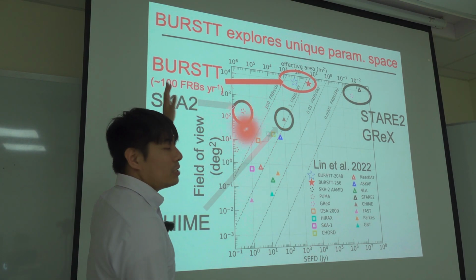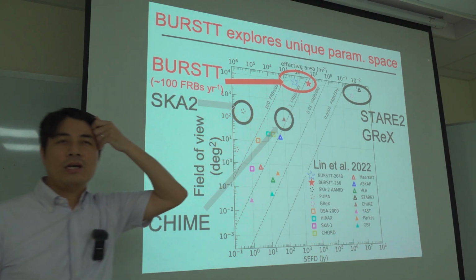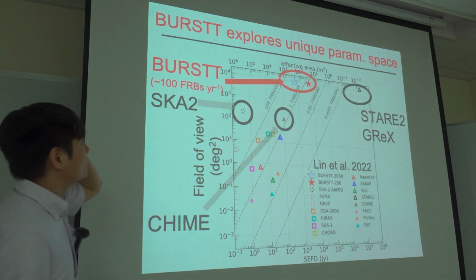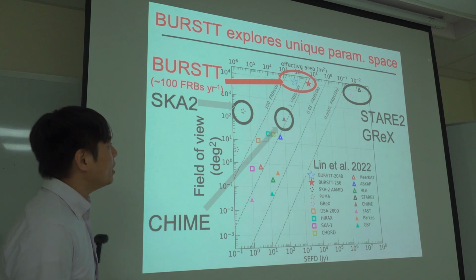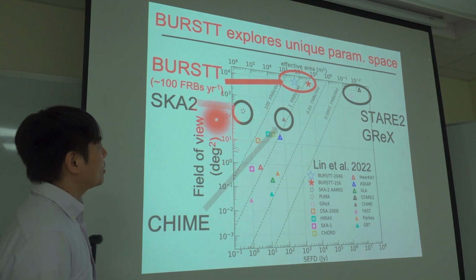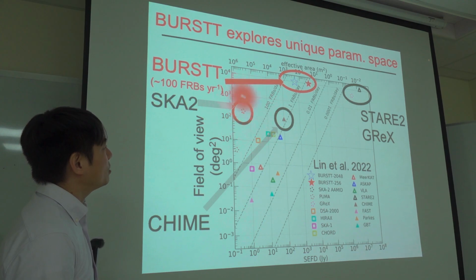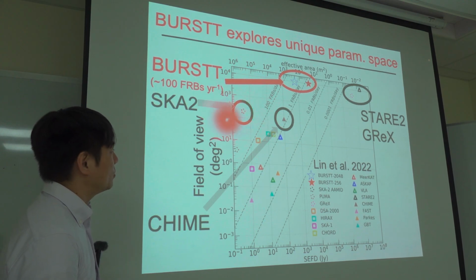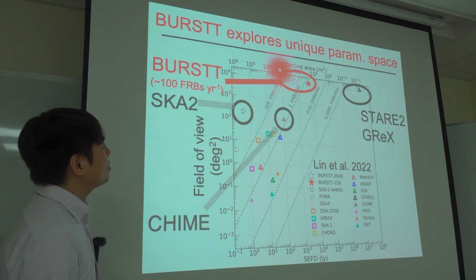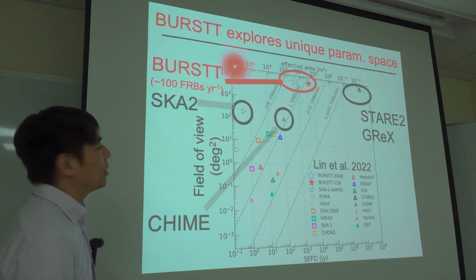SKA, the Square Kilometre Array, is a future world-largest radio telescope. Of course, they will detect FRBs too. They have the highest sensitivity because it's the largest radio telescope. But the field of view is probably not as large as our BURST telescope.